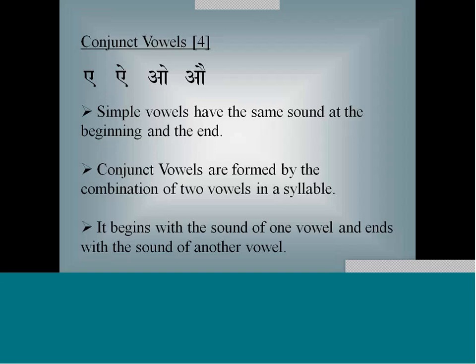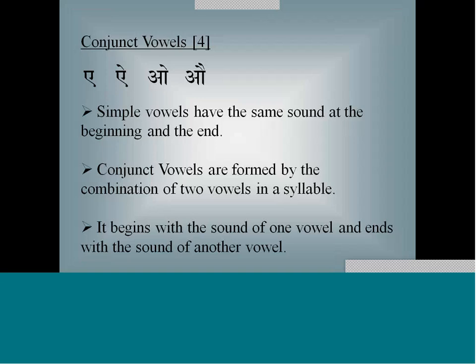And O, Au, if you closely observe, these two also, the sound starts from the throat and ends with the lips. So it is a combination of guttural and labial.